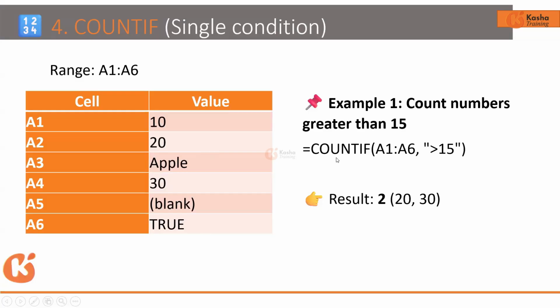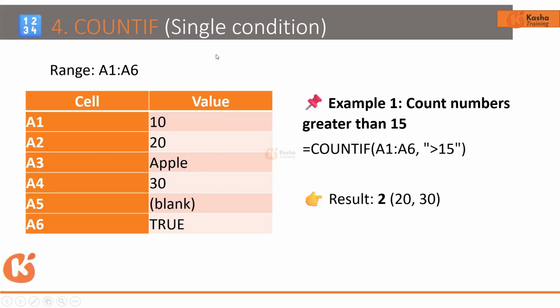That's the one condition we have given. So COUNTIF, we select this range, and then we give greater than 15. The result is 2, because it is 20 and 30, whereas 10 is less than 15. That is the reason the result is only 2.